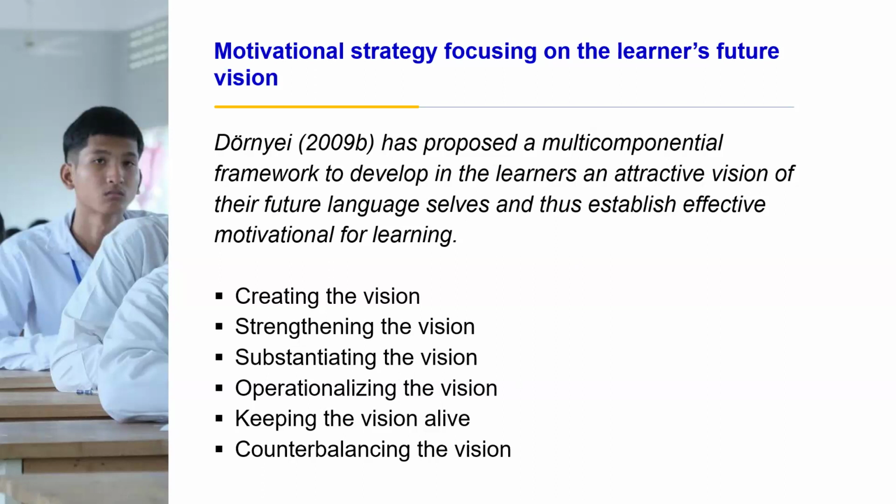So the first one is about the learner's future vision. That is to help the learner. The first step is to create a vision. To create a vision is the first thing the teacher does to help learners feel why they want to learn English and what they see themselves doing in the future with English.